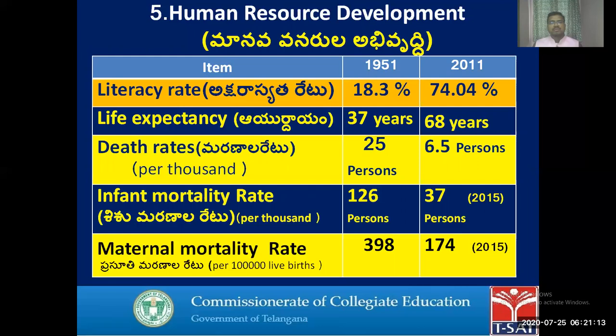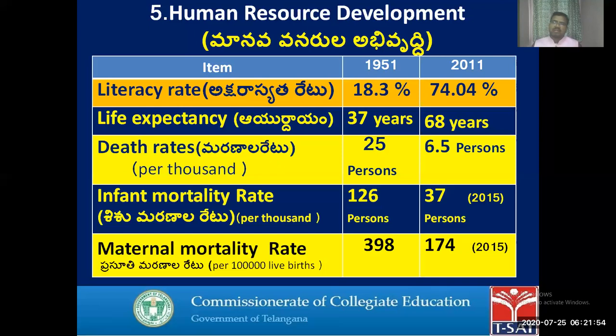Here regarding education, literacy rate increased from 18.3% to 74% by the year 2011. That means for every 100 people, just 18 people were educated in the year 1950, but by the year 2011, of every 100 people, 74 people are literates.